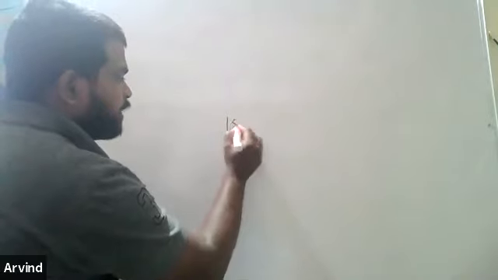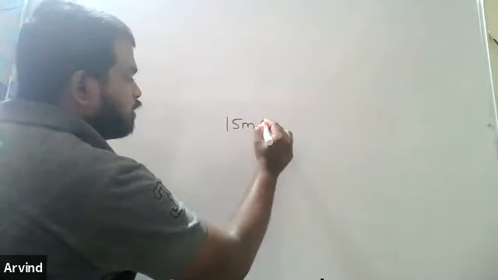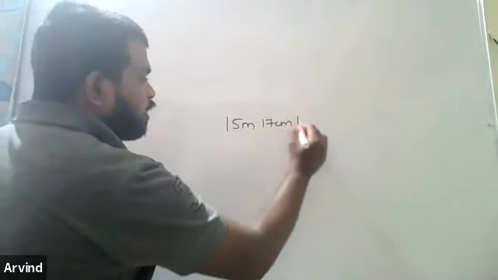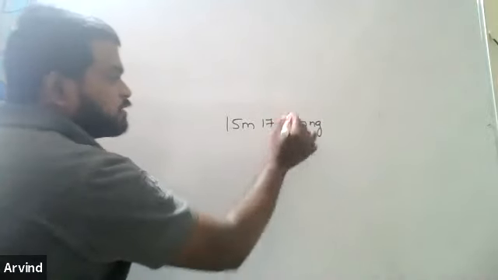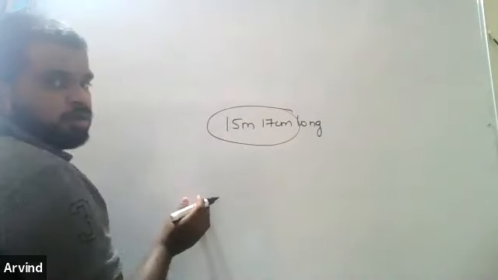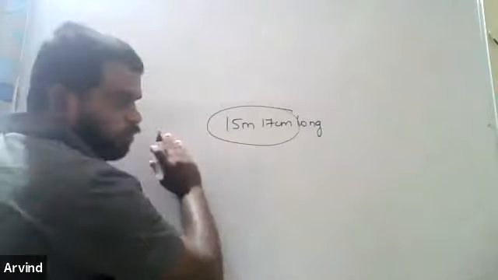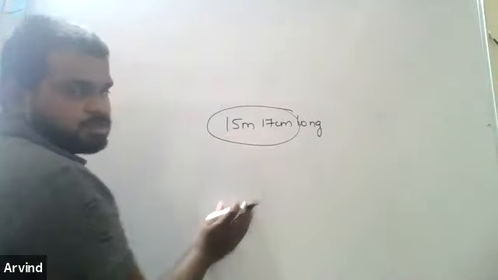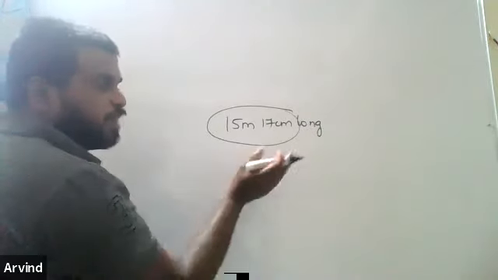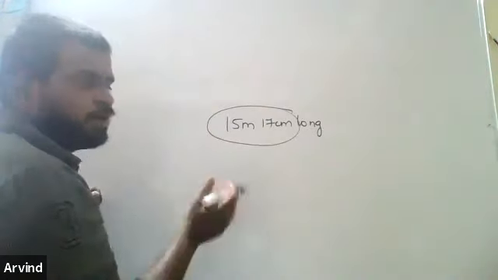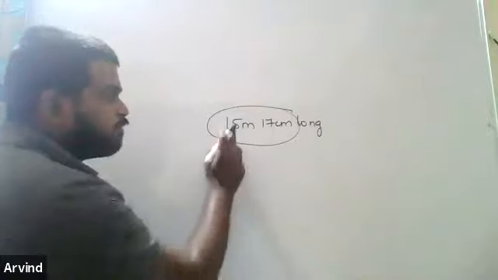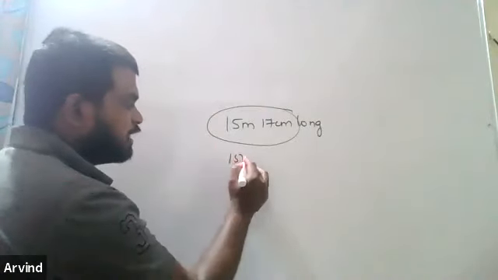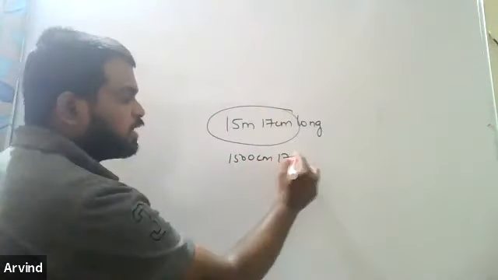These are not separate things. 15 meter, 17 centimeter long, and this is the total length. Just to confuse us, they have given it like this. So what we have to do is convert everything into centimeter or meter. Centimeter will be best. 15 meter is 1500 centimeter, and along with that there is 17.